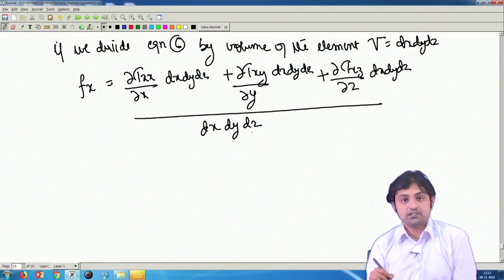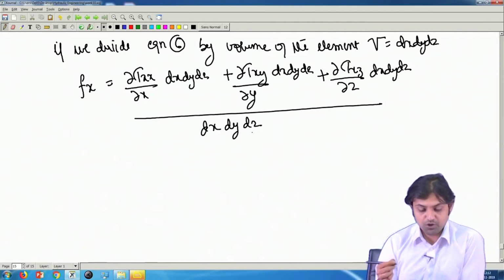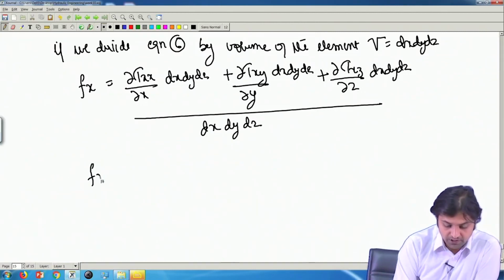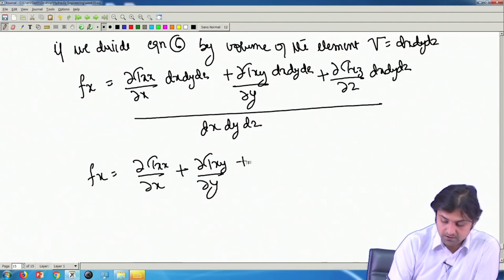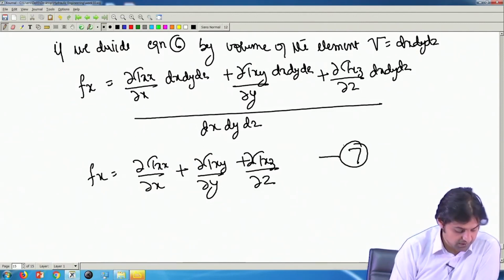So dx dy dz will get cancelled from up and below. So fx can be written simply as del tau xx by del x plus del tau yx by del y plus del tau zx by del z, and this is equation number 7.